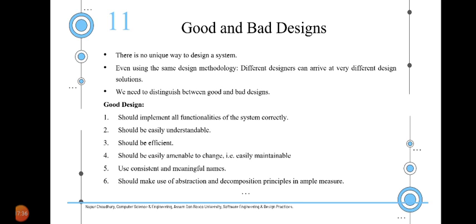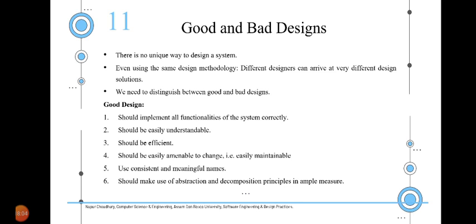Now, when we are talking about designs, how do we categorize whether a design is good or bad? There is no unique way to design a particular system, and please remember that whenever we are designing something, it can never go wrong because it is from your own perspective, keeping in mind that your notations are correct.